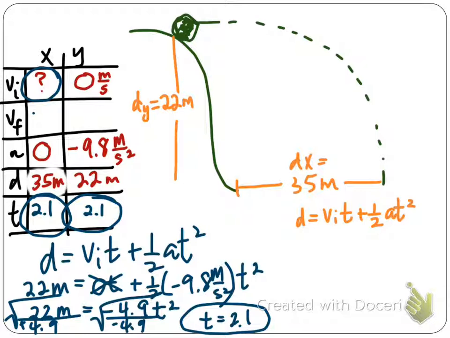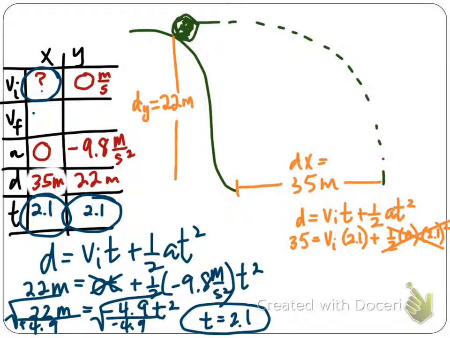So my distance in the x direction is 35. Initial velocity, what I don't know, times 2.1, plus 1/2 times 0 times 2.1 squared. Okay, so this whole section becomes 0. Anything times 0 is 0.